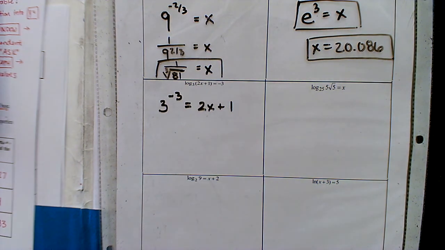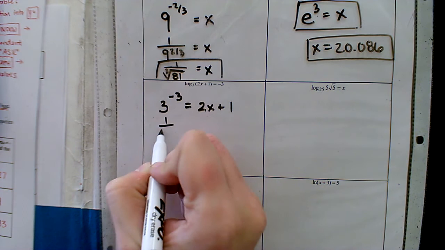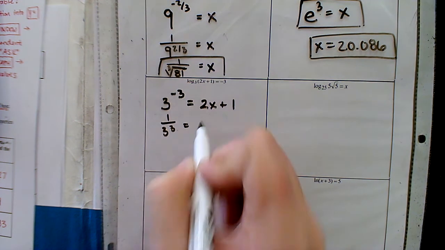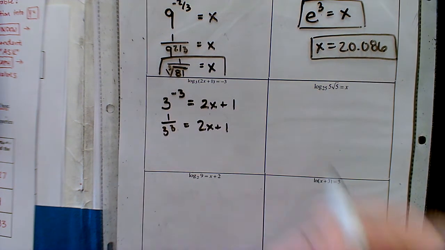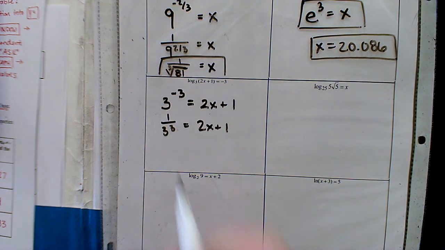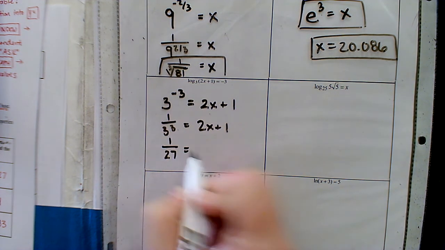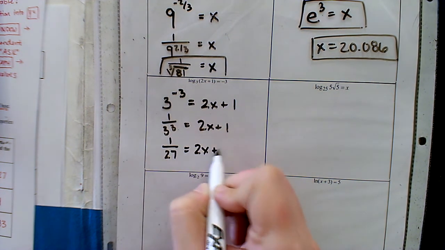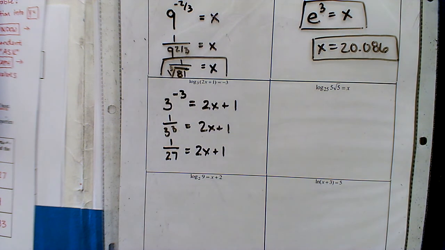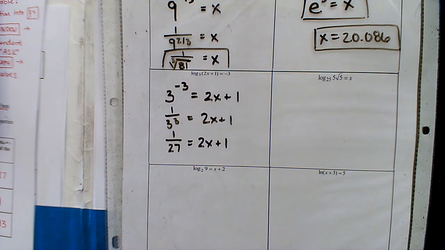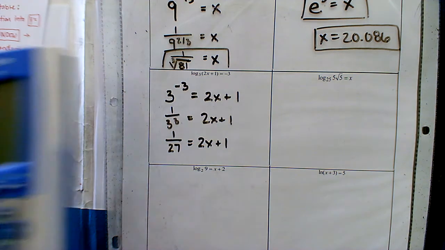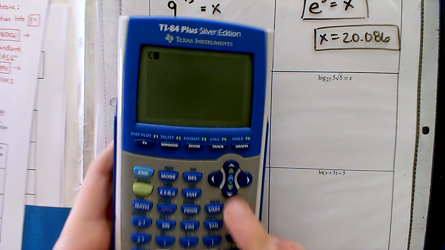All right, if I solve it, I see a negative power, so I can flip the base. 3 cubed is 27. Let's see. Maybe we'll get a decimal.